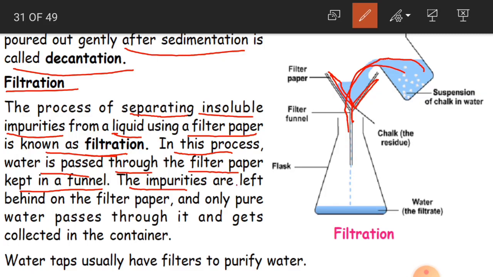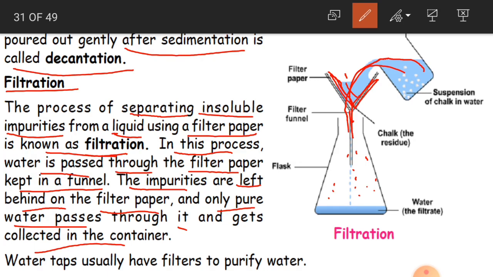The impurities are left behind on the filter paper and only pure water passes through it and gets collected in the container.